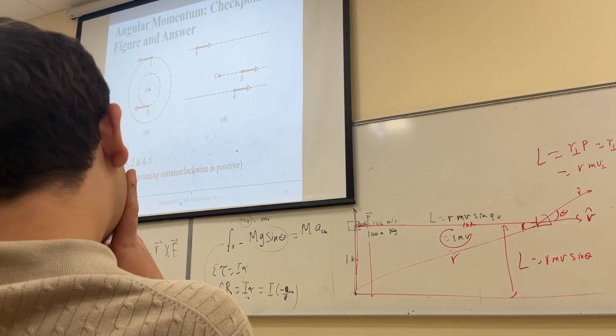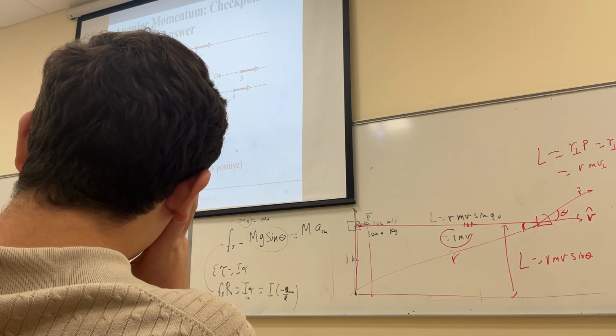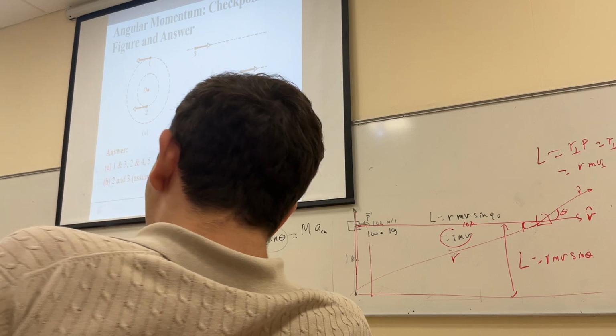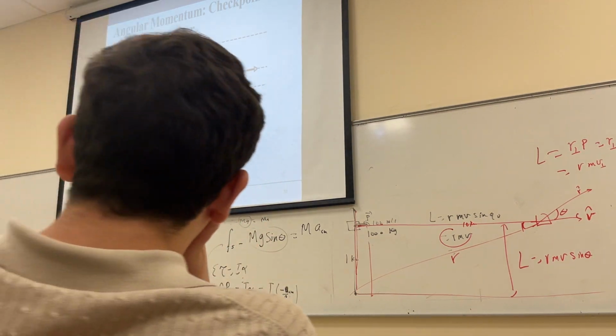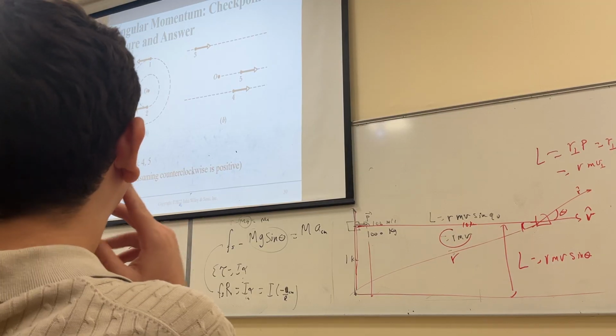For these two, this is the perpendicular distance. Not that the distance is more, but I don't care about distance, I care about perpendicular distance. Remember the example of the airplane: as it goes straight, the angular momentum will not change.